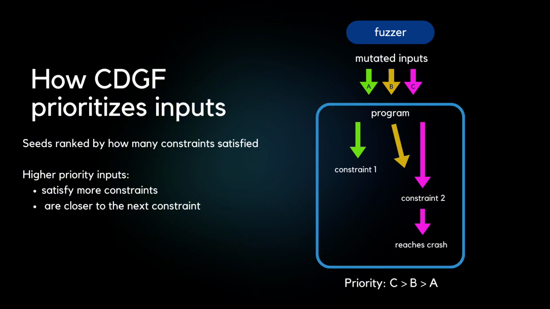Therefore, the fuzzing system would prioritize seed C over B and seed B over A. This allows the fuzzer to focus its efforts on inputs that appear more promising to trigger a crash. By doing this, constraint-guided directed Greybox fuzzing can guide the fuzzing process much more efficiently towards reproducing the crash.